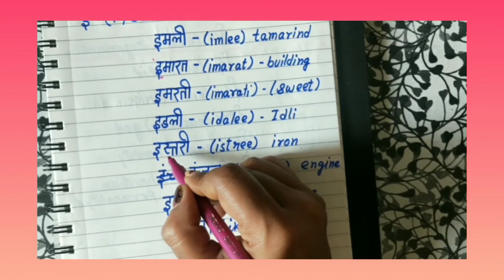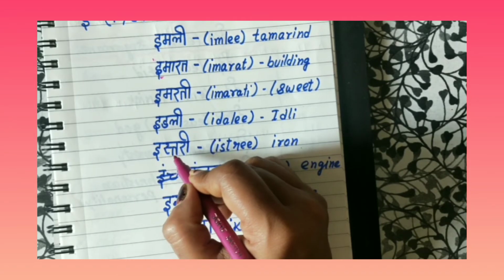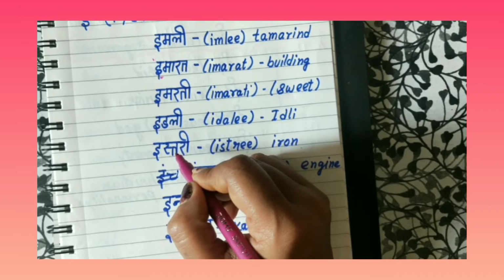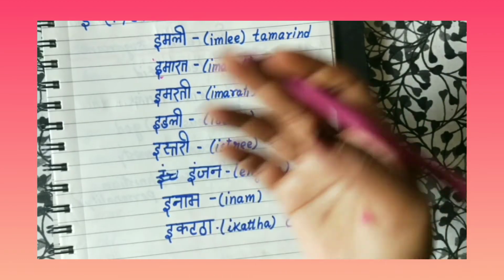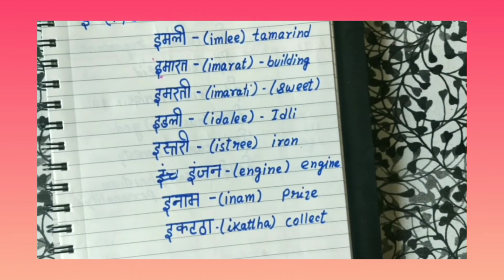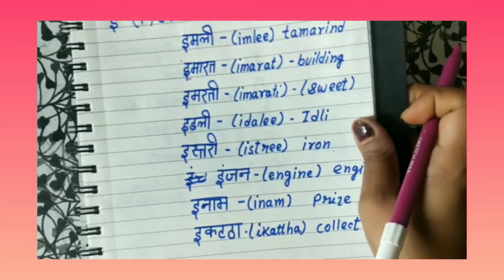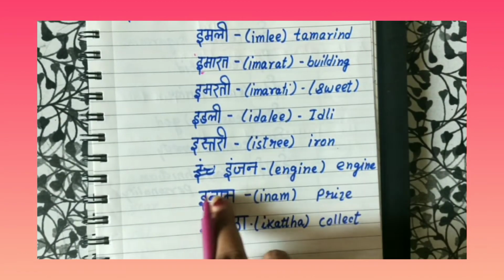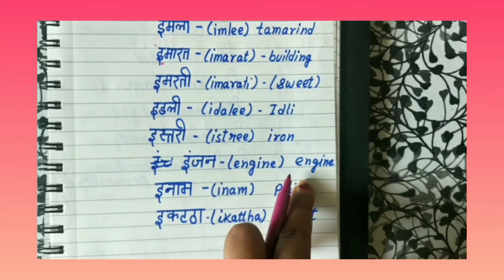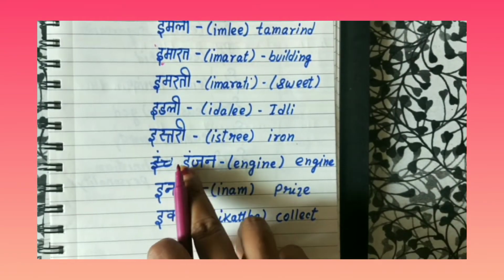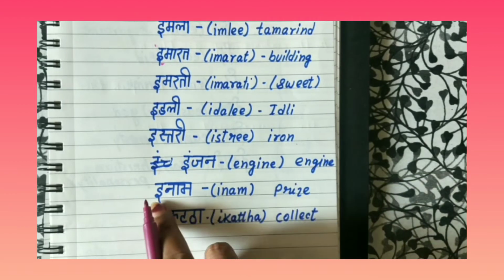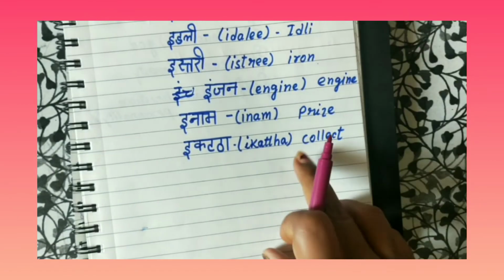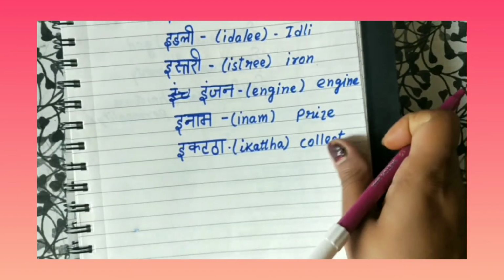Istri, this is a conjunct, where two letters are put together. How these two letters come together I will teach in my upcoming videos. In this video I'm just telling you how to write the letters and how you can memorize them. Istri means iron. Engine means engine. Inam means prize. Ikattha means collect.